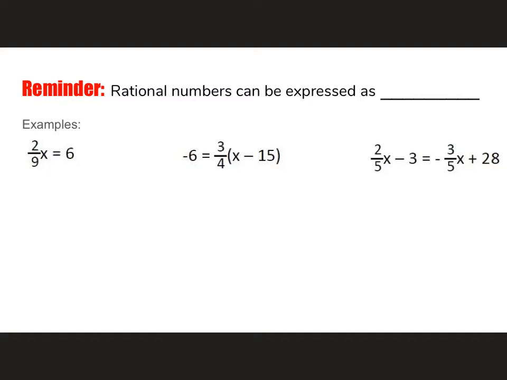Before we begin, I just wanted to give a reminder that rational numbers can be expressed as fractions. Dun dun dun, we hate fractions. Well, they're not so bad. This is why I split this into its own lesson so we could focus on learning how to solve equations.